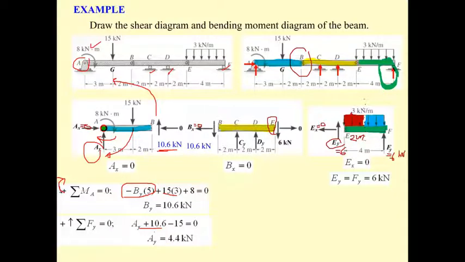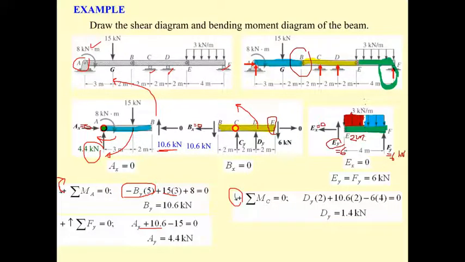Okay, coming back to the yellow portion of the beam. We have C sub y and D sub y as the unknowns. We take moment at the C. When you take moment at the C, D sub y is going to rotate like this. That is going to be positive.